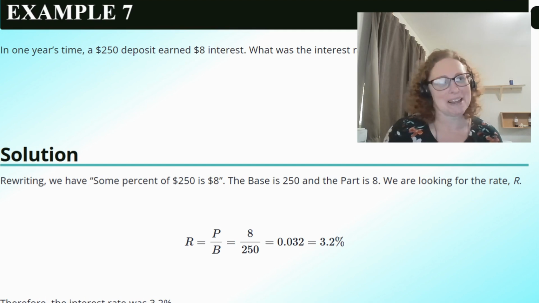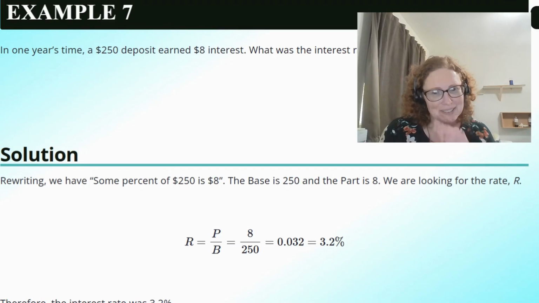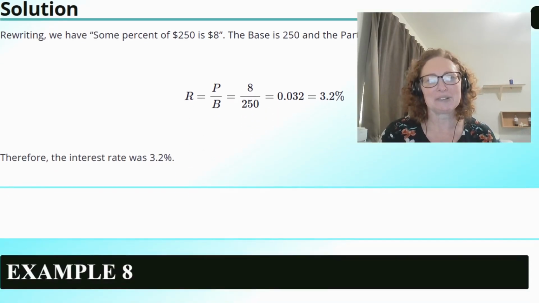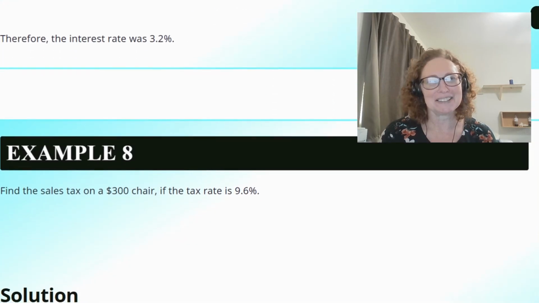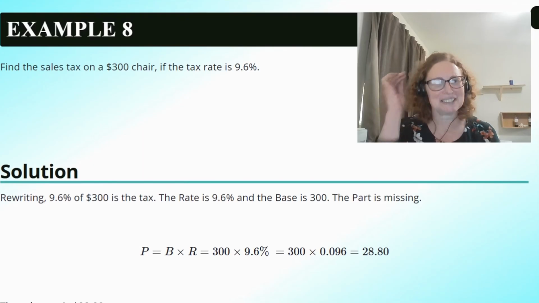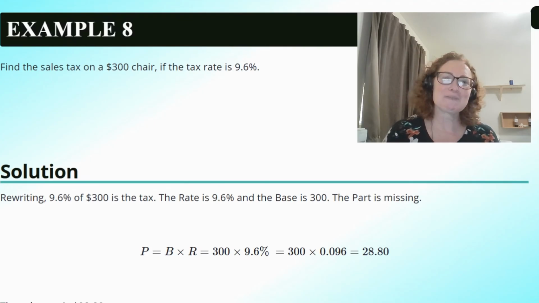Again, you can multiply it by 100, or you can just move that decimal point 2 places to the right and get 3.2. Okay? All right. Again, another one. The part is missing. Okay?